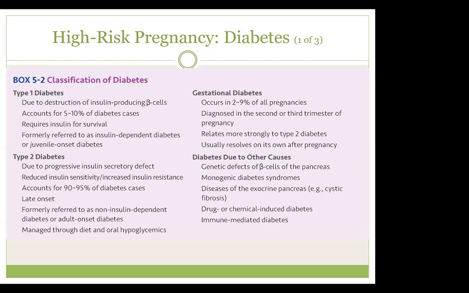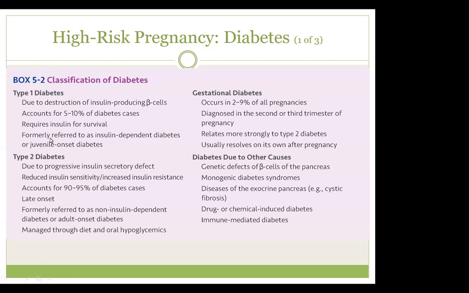Usually, if a patient is diagnosed with gestational diabetes, it relates more strongly to type 2 diabetes. So it's usually able to be controlled by diet. Very rarely do patients have to go on insulin or other medications. It usually goes away when you have the baby.